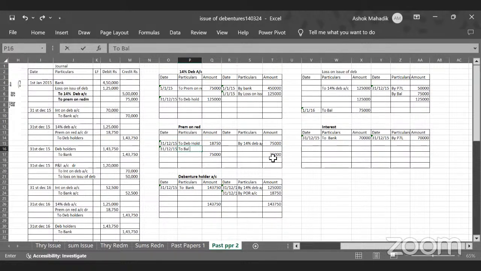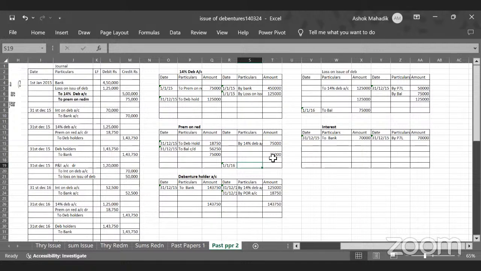To balance CD, the difference. 75,000 minus 18,750. So this will be opening balance for next year as on 1st Jan 16. Okay, so have more lines in these accounts wherever balance is there.